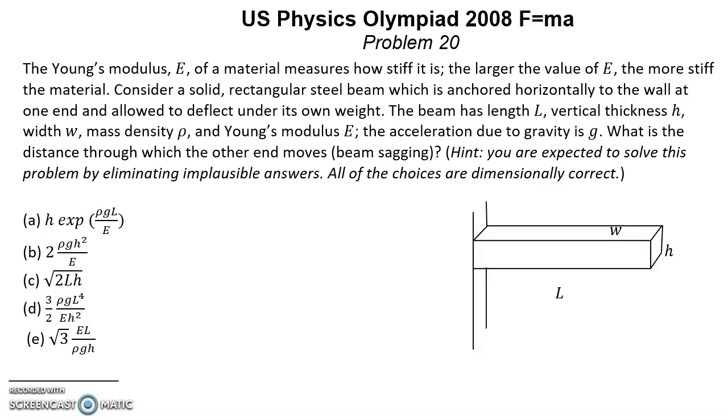The beam has a length L, vertical thickness h, width w, mass density ρ, and the Young's modulus E. The acceleration due to gravity is g. What is the distance through which the other end moves?